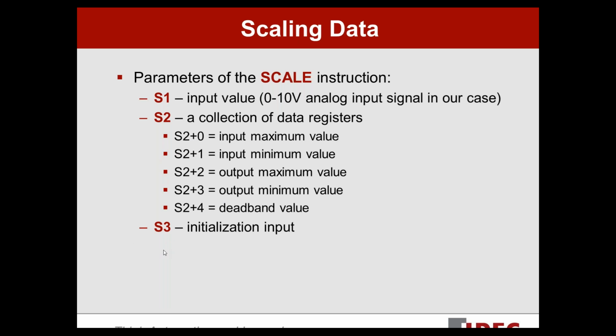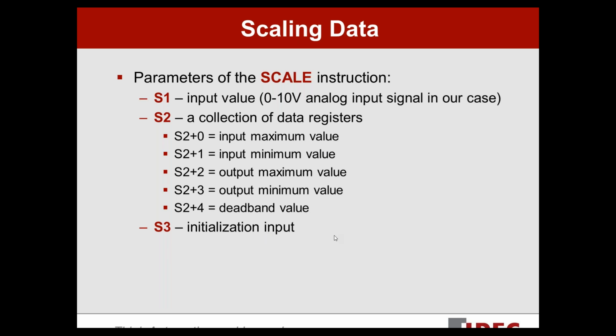Our source 3, S3, is a bit. And all this is an initialization input. So as you guys will see, once we do the example of the scale instruction, there's some areas within the dialog box for that instruction where we can set up all these values.